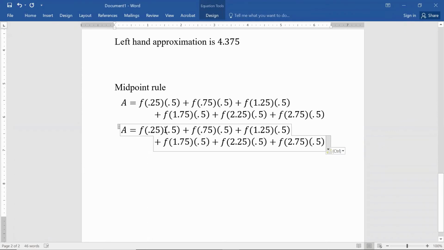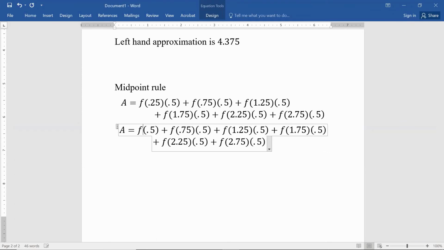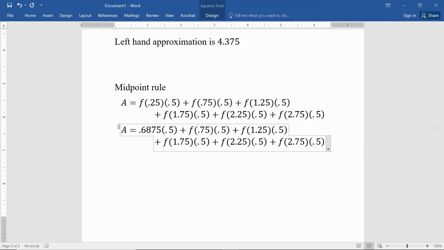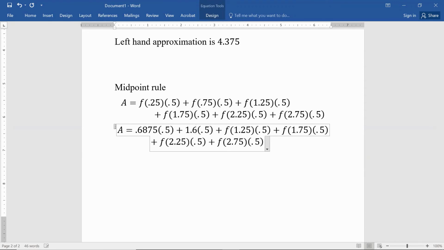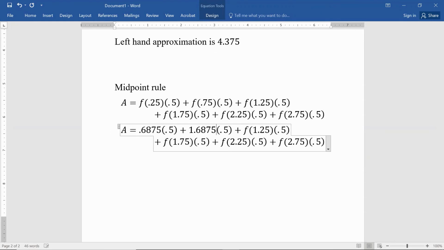When you plug in 0.25, you get 0.6875. When you plug in 0.75 into the function, you get 1.6875. When you plug in 1.25, you get 2.1875.